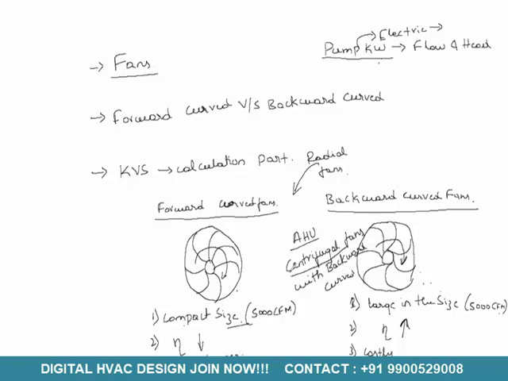Why centrifugal fans? Because I have more ESP. It will push the air to a larger distance, a lengthier portion also. So whenever more ESP is there, I will go with centrifugal fans, and backward curved because it is highly efficient. That's why AHU fans will always be centrifugal fans with backward curve.